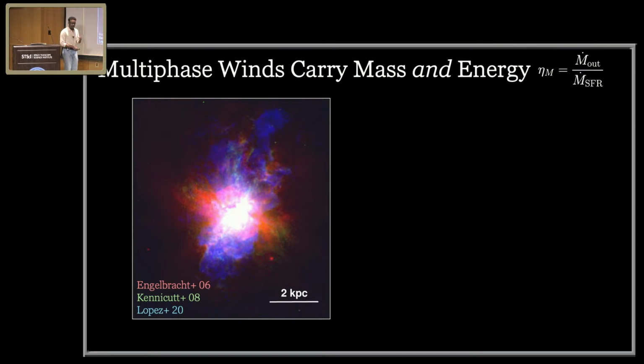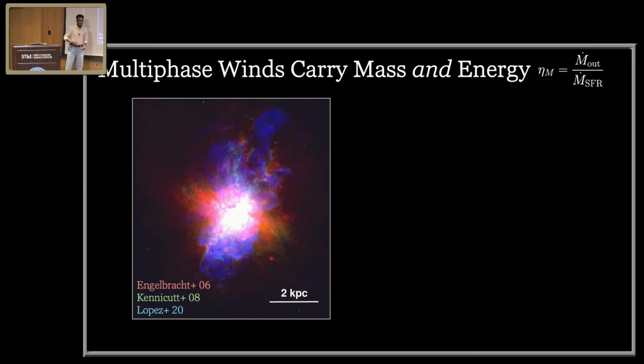And we can quantify how effective these outflows are at transferring mass out of the galaxy by defining a very familiar term here, which is the mass loading factor, which is simply a ratio of the outflowing gas in the wind divided by the star formation rate.